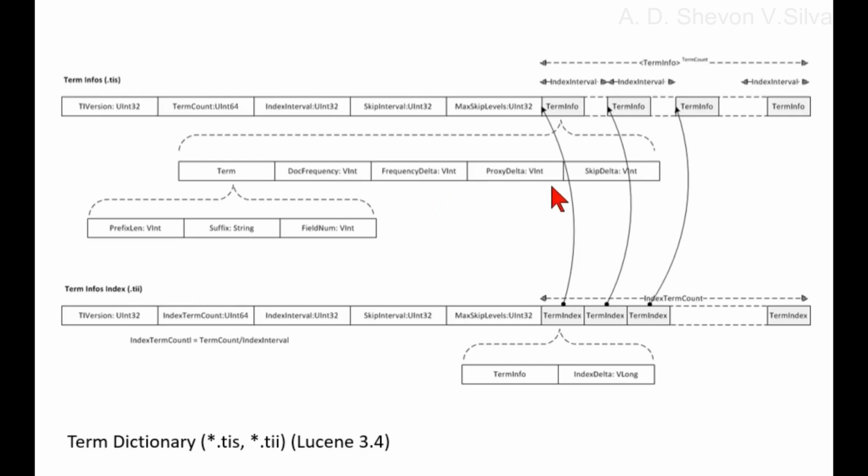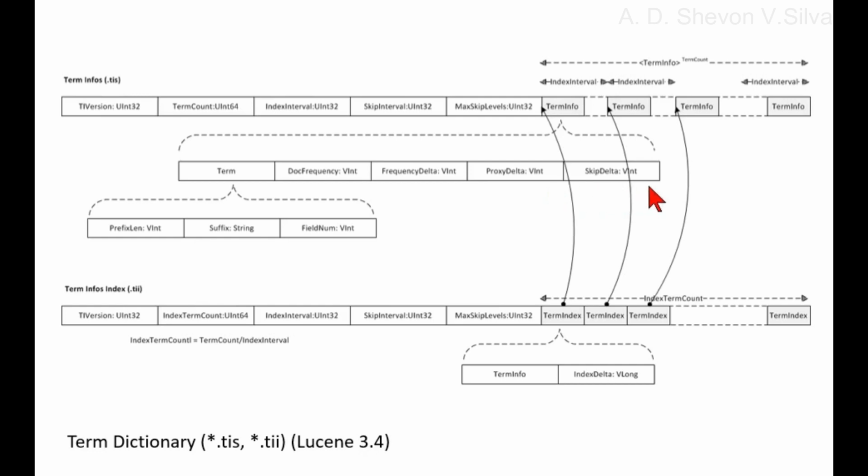Proxy delta. ProxDelta determines the position of this term's term position within the .prx file. In particular, it is the difference between the position of the term's data in that file and the position of the previous term's data, or 0 for the first term in the file.